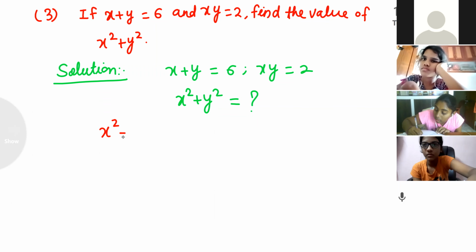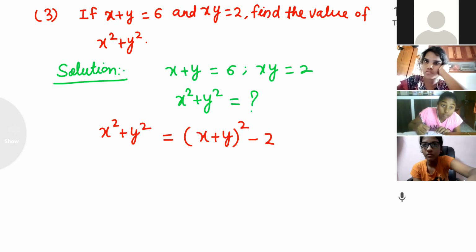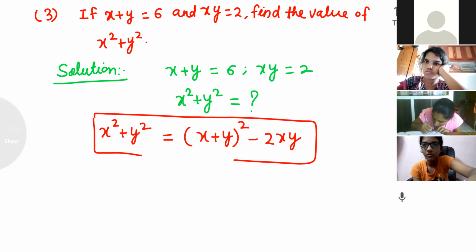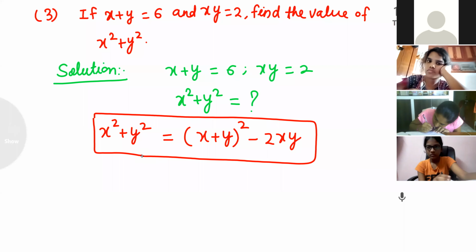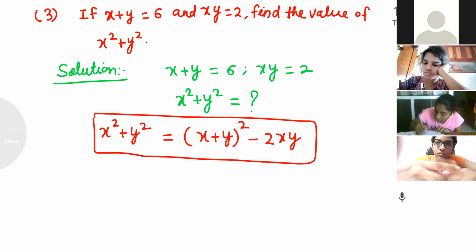X square plus y square is equal to x plus y whole square minus 2xy. This is one more identity.